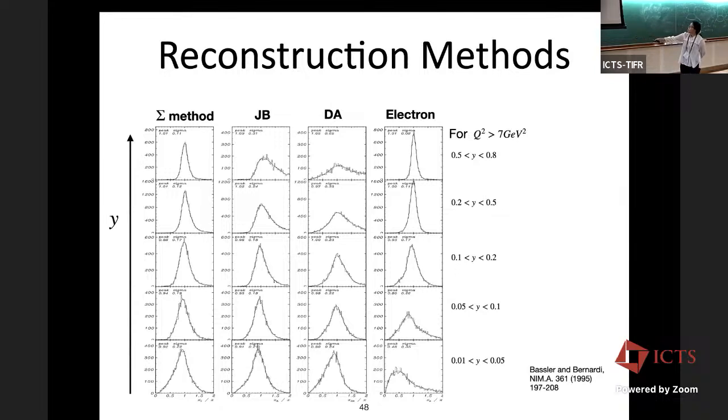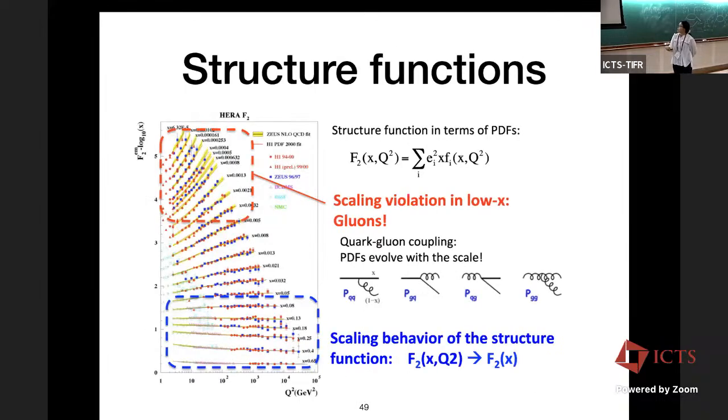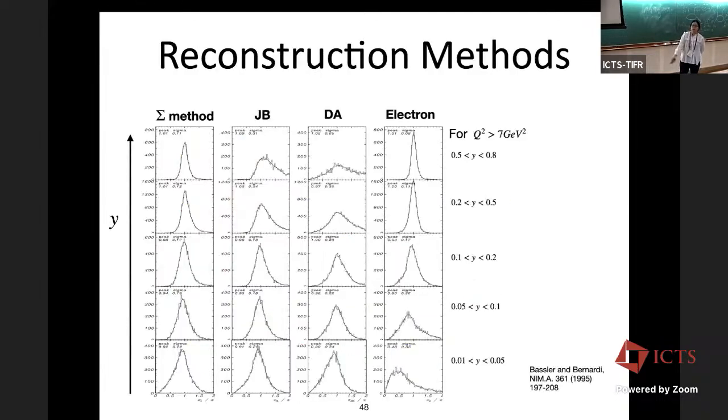The hadronic method normally performs better around this smaller y region compared to the electron method. And the sigma method is overall doing pretty well for the y region. So you can decide which one to use depending on your detector performance limitations or the kinematic region that you're studying.